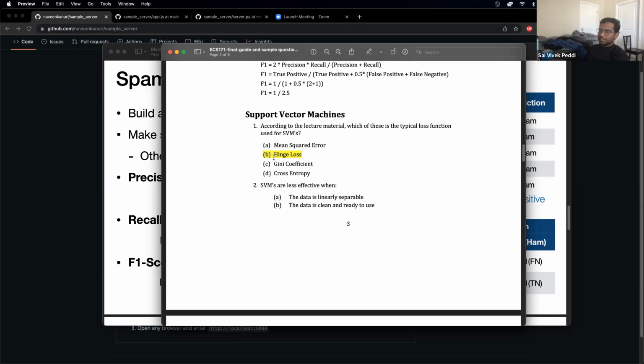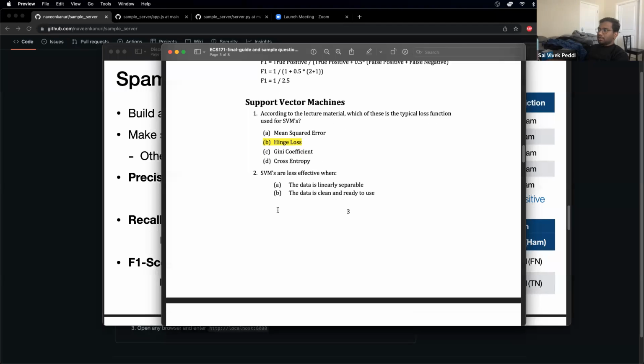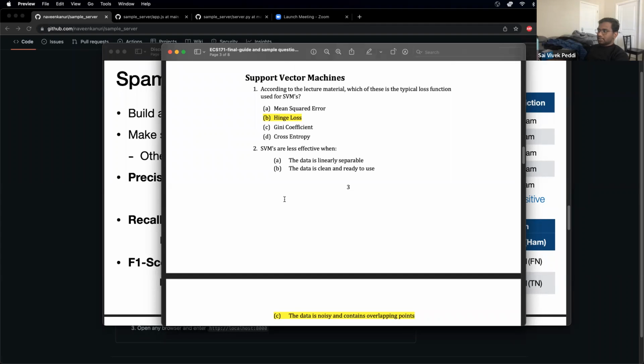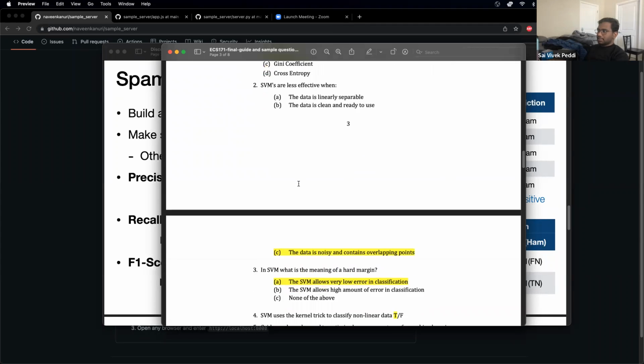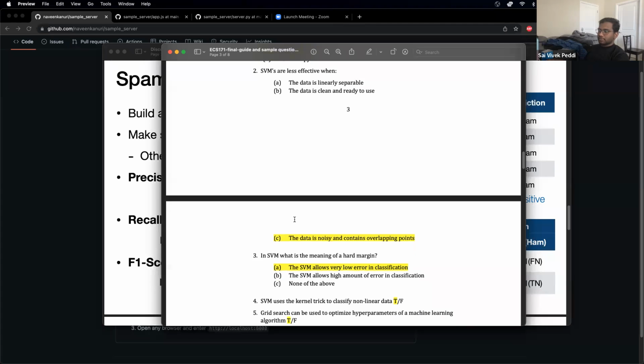For support vector machines, hinge loss is mainly used. Next, SVMs are less effective when the data is noisy and contains overlapping points. This is kind of true for many classifiers. If the data is noisy and contains overlapping points, SVMs are much less effective.